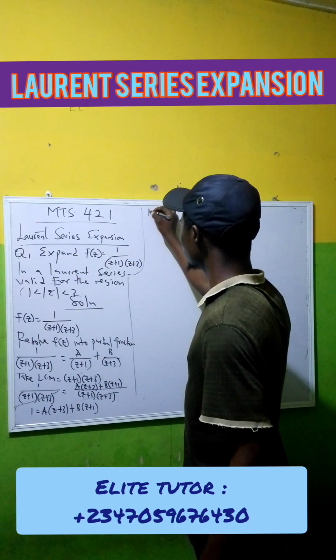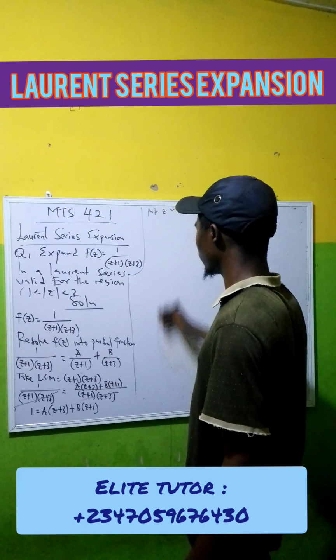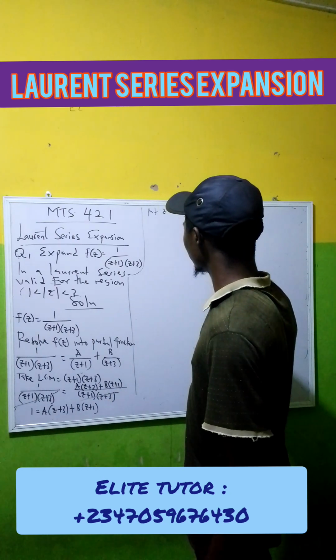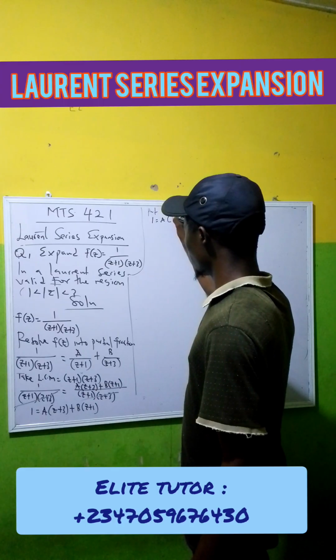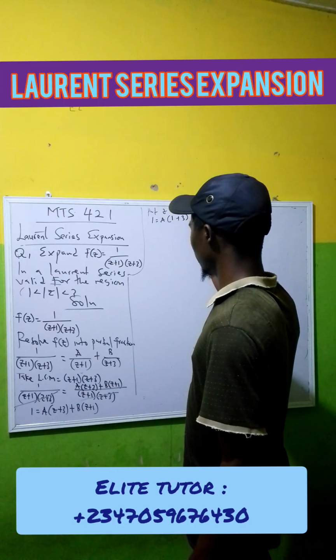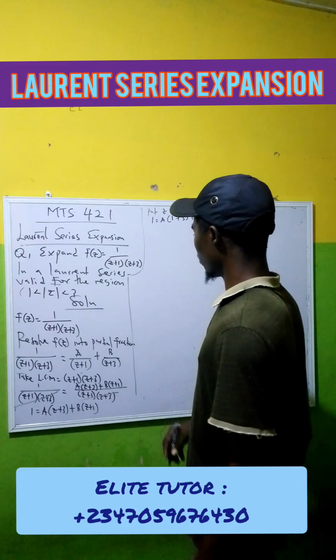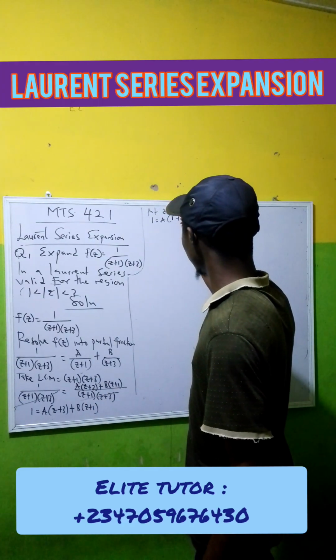You put z equals what? We can start anywhere. We put z equals 1. So when z equals 1, what happens? We have 1 equals a into (1 plus 3) plus b into (1 plus, oh, I'm sorry, z equals minus 1 rather. Sorry about that, there's a mistake.